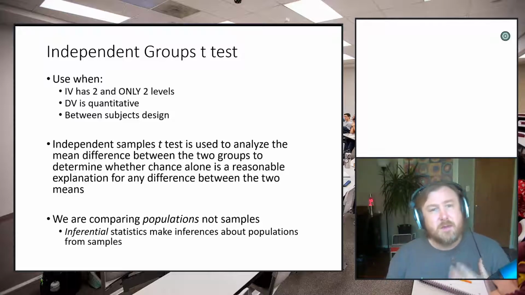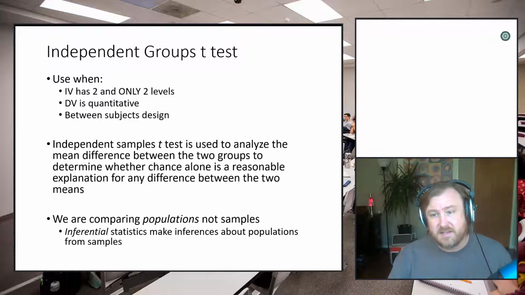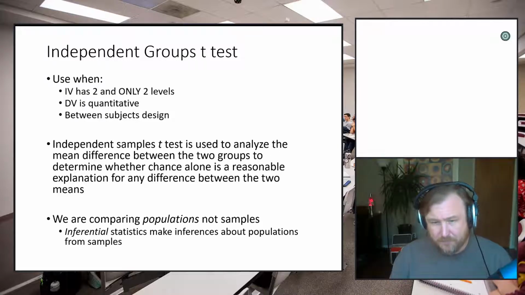And what the independent samples t-test allows us to assess is whether the mean difference between the two samples that we have is different over and above what you would expect by chance alone.